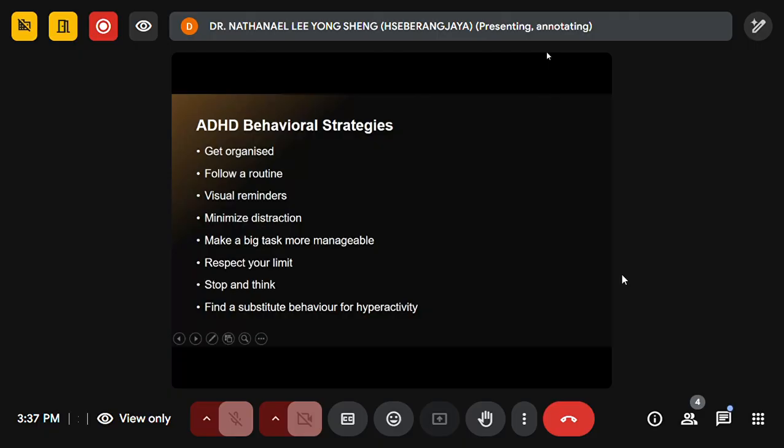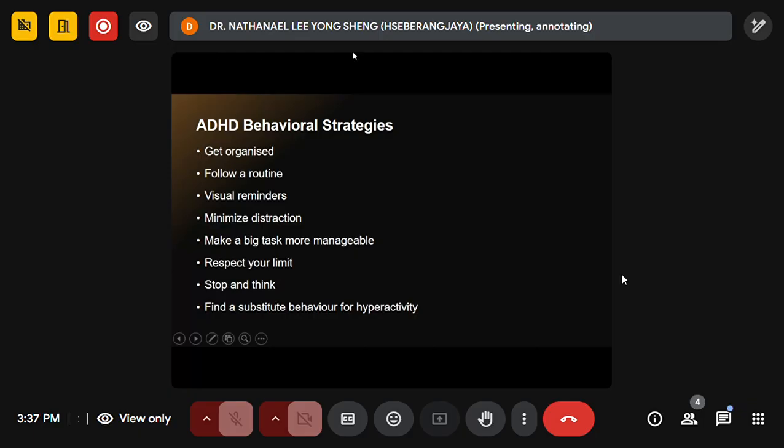And this is a list of behavioral strategies that we will advise the patients about how to cope with their inattention, their executive dysfunction, and all this restlessness, hyperactivity, impulsiveness. First of all, get organized. As we know, they have difficulty in planning, organizing, and time management.